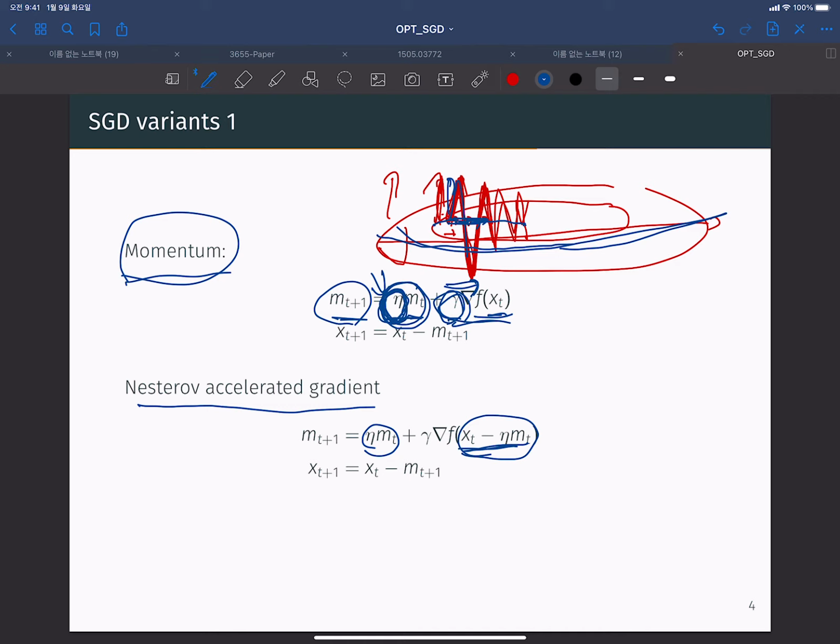So the current gradient is the most important thing, and the past history is kind of meaningless. In that case, you set eta very close to 0 and gamma high. So you basically control the past history and the current gradient vector using the eta and gamma parameters.